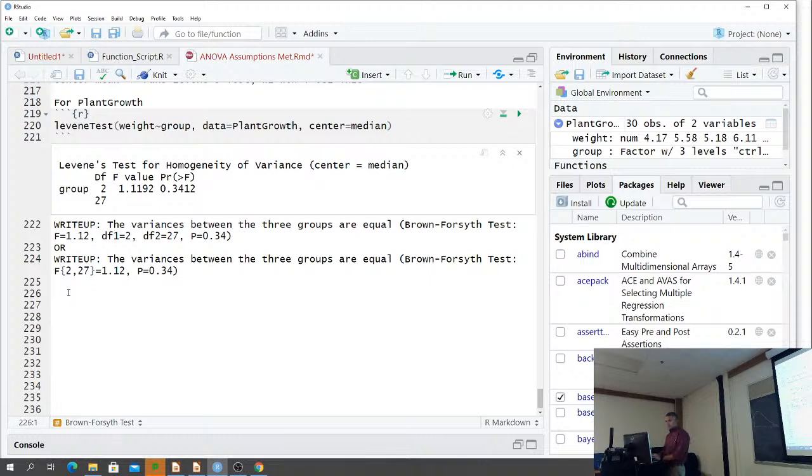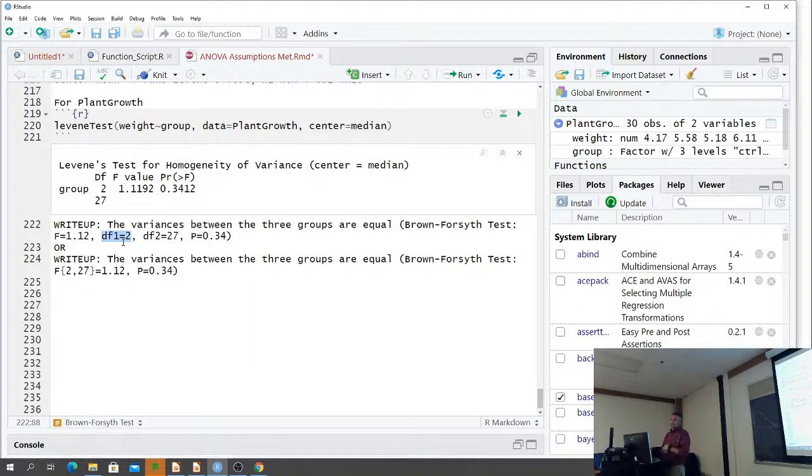Do you care if we don't? No, I don't. That would confuse me a little bit. I am looking to make sure that you include all 5 things that need to be reported. But you will lose points if you only give me one of these. If you say DF equals 2, that's not going to work. I guess you can also do DF equals and then curly braces, 2, 27.